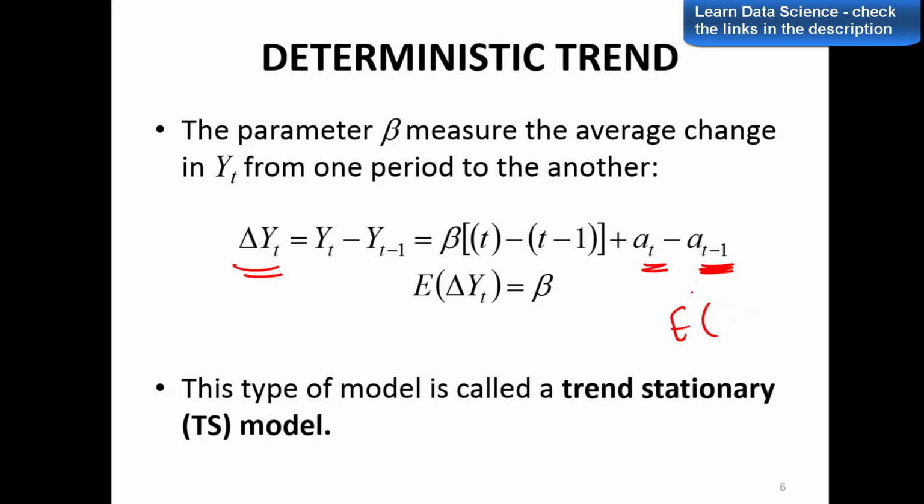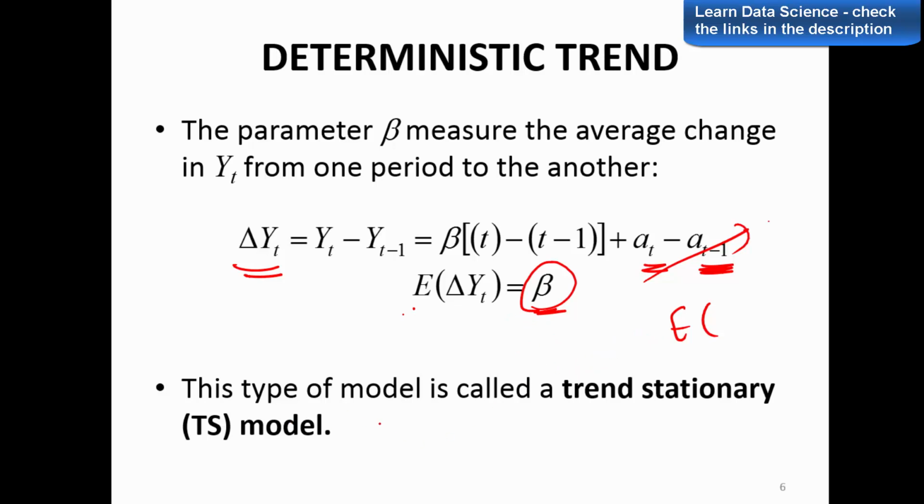So that part gets cancelled. The expectation of the change in yt is nothing but your beta, and that's the important thing. In a deterministic trend, if you take the mean value of the change in your time series, you end up getting the slope coefficient. The slope coefficient is nothing but the difference between the values of the time series for consecutive time periods.